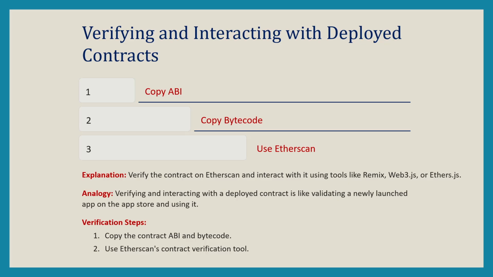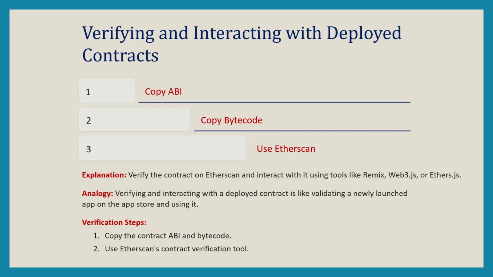So what is ABI? ABI defines the interface of your smart contract necessary for interacting with it, right? So this is what the function of ABI is. ABI stands for Application Binary Interface. So when you want to interact with a deployed contract, for example calling functions or listening to events, you need the ABI to understand the contract's interface.